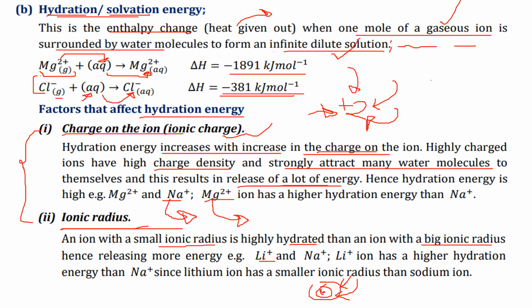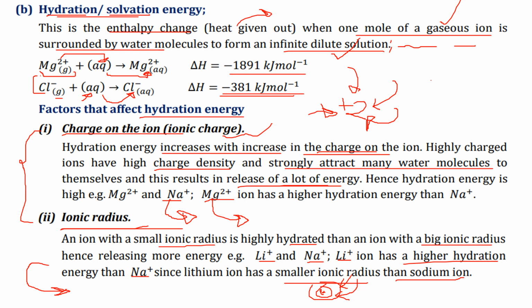So if we are to compare lithium and sodium, we are going to see that lithium is going to have a higher hydration energy as compared to sodium, simply because the lithium ion has a smaller ionic radius as compared to the sodium ion. Now the mistake I want to point out is that when you're explaining these terms, you forget and instead of writing ionic radius, you write atomic radius.